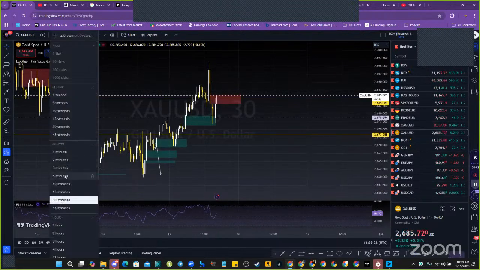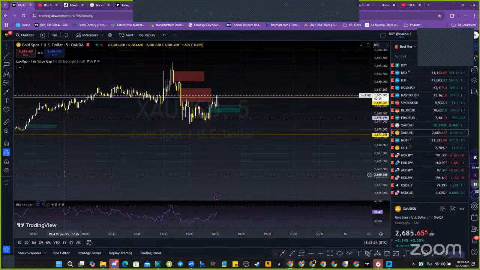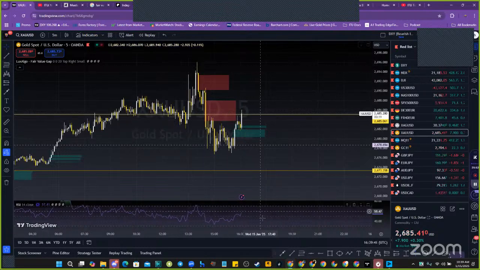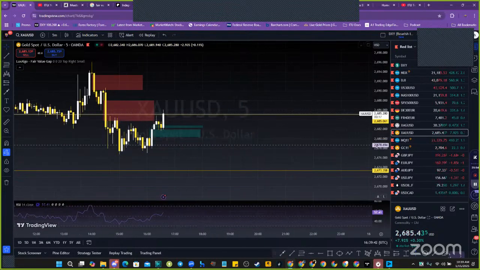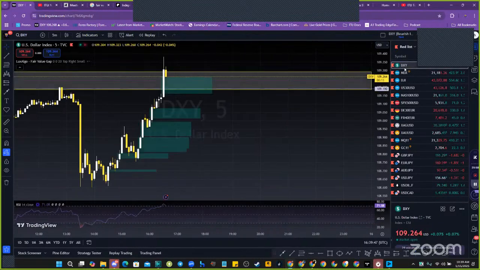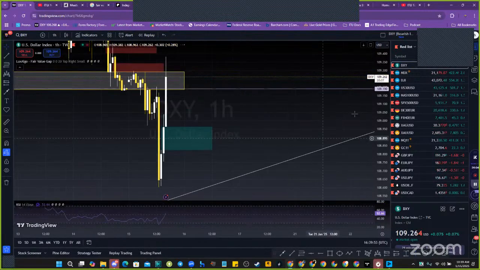Let's come back to gold on the 5. All right, so 24 seconds, and we'll get the retracement on that 5 minute candle. Dollar's topping out the RSI, so let's see what it decides to do.